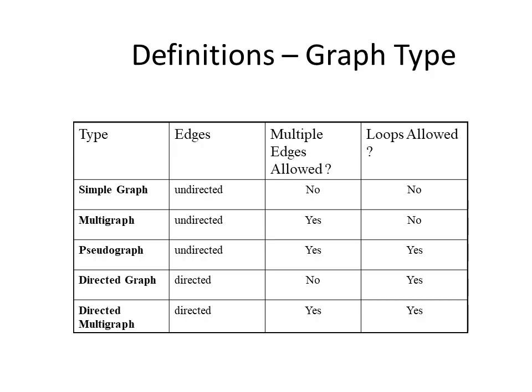A pseudograph is again an undirected graph, multiple edges are allowed and loops are also allowed. In the directed graph, edges have a particular direction, multiple edges are not allowed, but self loops are allowed. In a directed multigraph, the graph is directed, multiple edges are allowed, as well as loops.